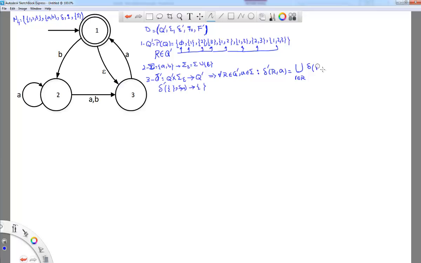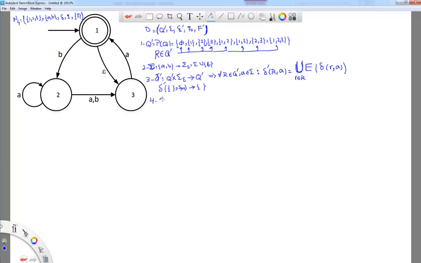Actually, I forgot the epsilon arrows. So it would be every state that is reachable along 0 or more epsilon transitions of delta if I pass R and A to it. So this is going to be the union of those. Okay, so that's that.